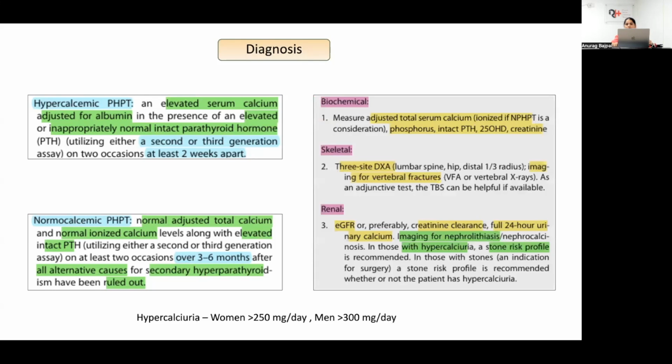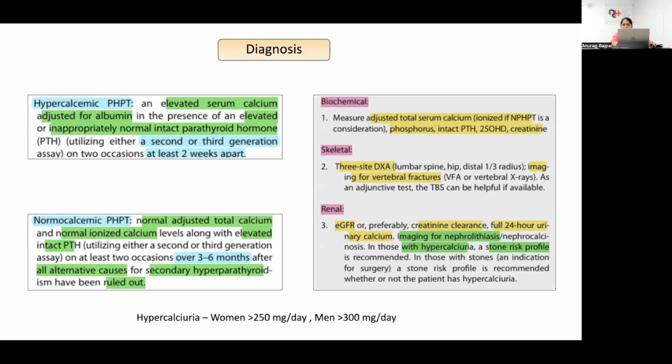For confirmation of the diagnosis, we do biochemical investigations, which include adjusted total serum calcium, phosphorus, intact PTH, 25-OHD, and creatinine. For skeletal imaging, we use 3-site DEXA that includes lumbar spine, hip, and distal 1/3 radius, and imaging for vertebral fractures. And the TBS, the trabecular bone score, helps in the evaluation of vertebral fracture risk.